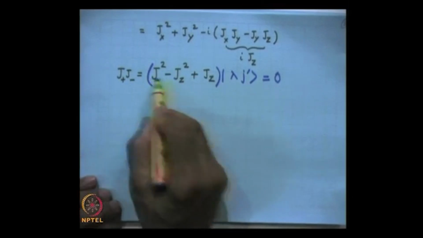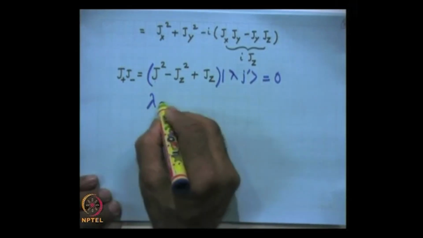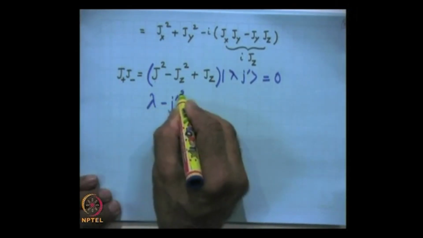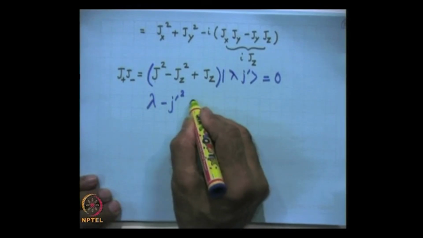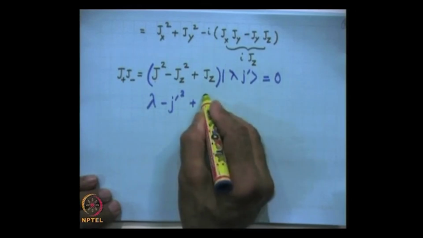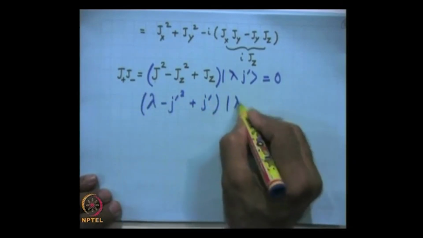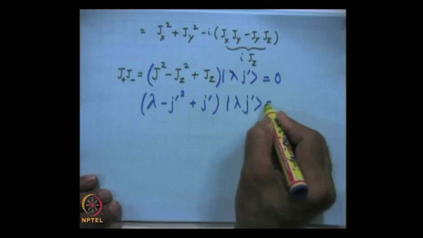So, j square operating on this is an eigenket of j square. So, this will become lambda minus j prime square plus j prime operating on lambda j prime must be 0.